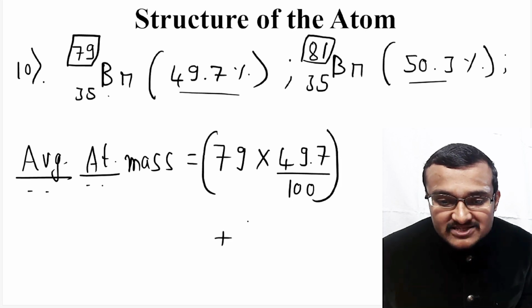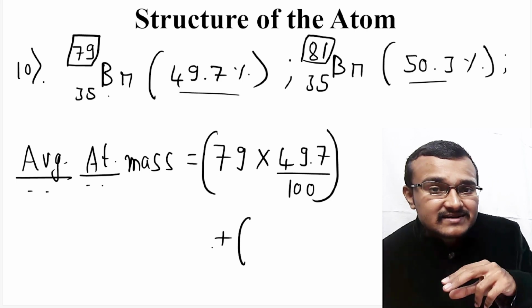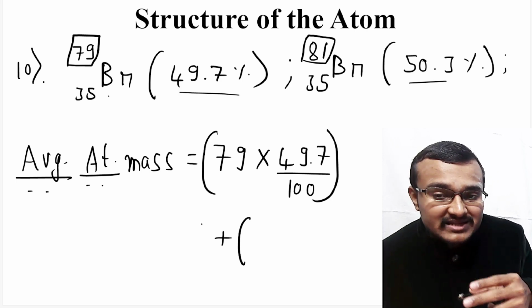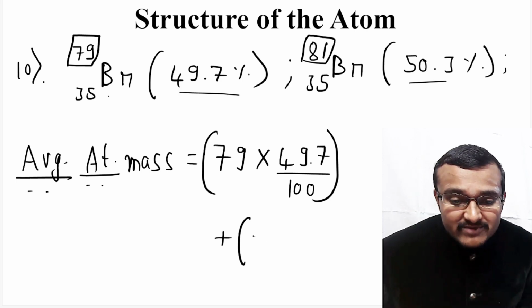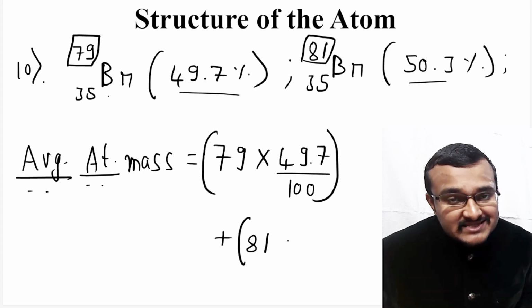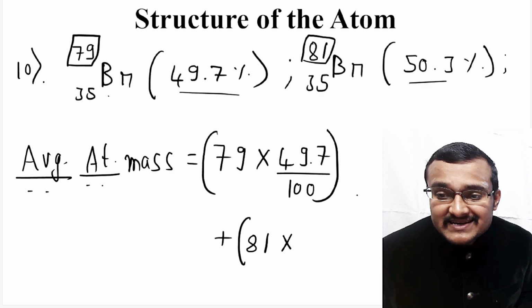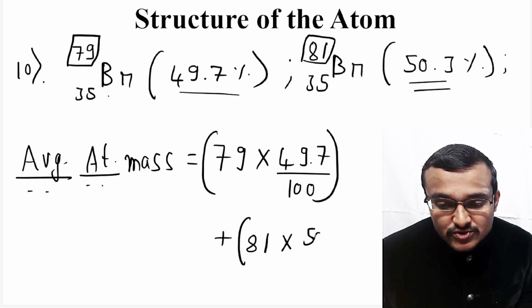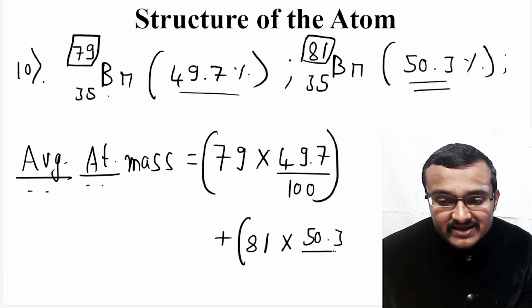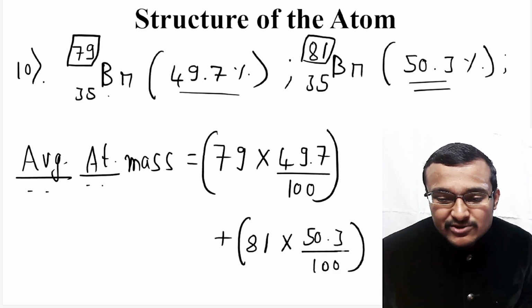Plus you should add this with the second isotope of bromine, that is bromine 81. The atomic mass number of bromine 81 is 81, and the percentage of abundance of this bromine in nature is 50.3%. So you should multiply this with 50.3 divided by 100.